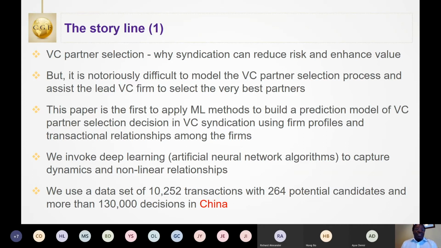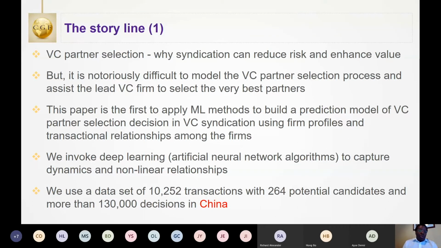So there are about three parties involved. One is the lead VC firm, and the second is, of course, the partner. And so the lead is always looking for partners who can contribute to value, reduce risk, and enhance value.